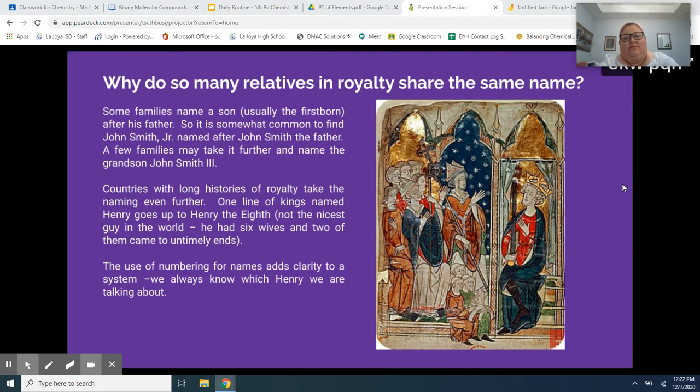Countries with long histories of royalty take the naming even further. One line of kings named Harry goes up to Henry VIII, not the nicest guy in the world. He had 6 wives, and 2 of them came to an untimely death, and the use of numbering for names adds clarity to a system. We always know which Henry we are talking about.